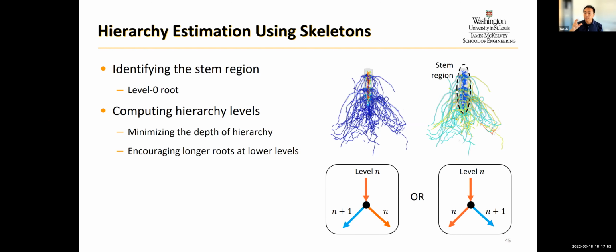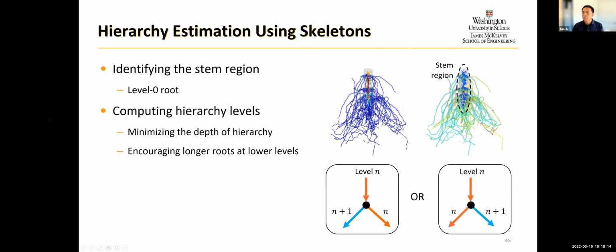This is sort of a topological prior. The second is that roots at lower levels are usually longer because they have more time to grow. That's a kind of geometric prior. Combining these two priors, we came up with a discrete optimization algorithm that infers this choice at each junction and comes up with the hierarchy.